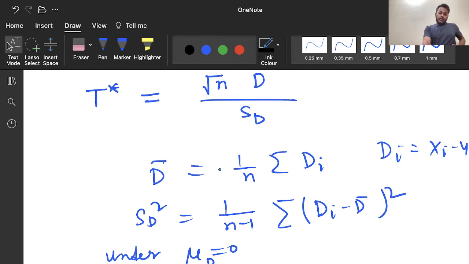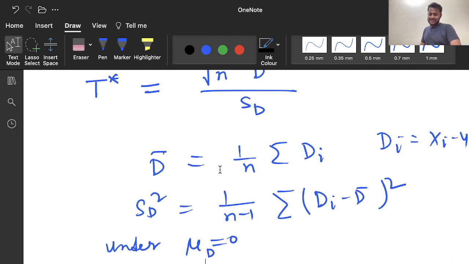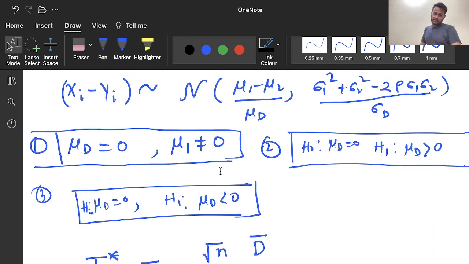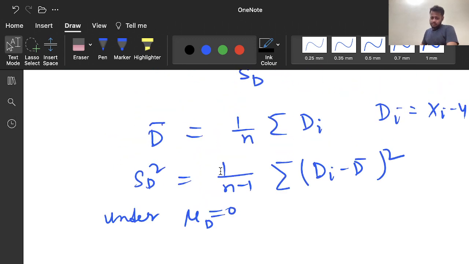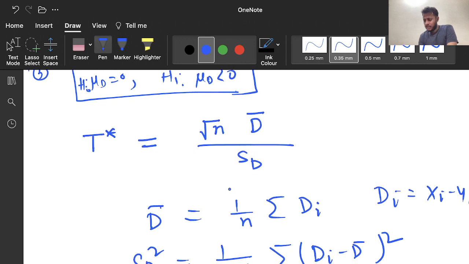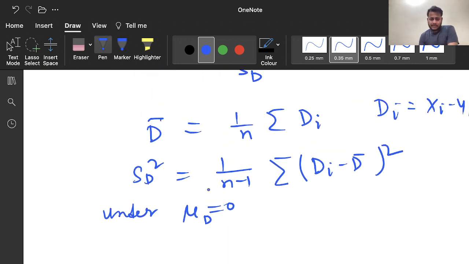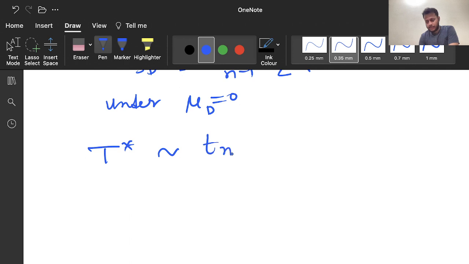If we do not know sigma 1, sigma 2 and rho, then we will follow this statistic, based on the difference between x and y. This will again follow a t distribution, and t star will follow t with n minus 1 degrees of freedom.